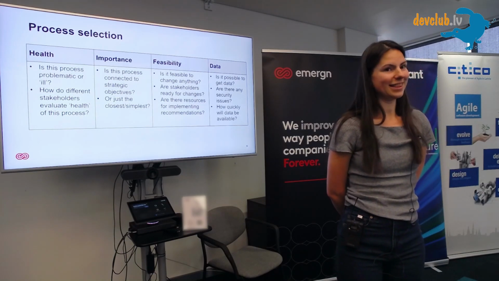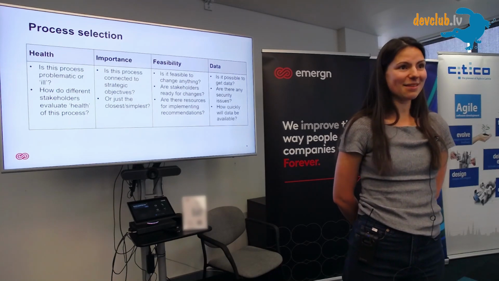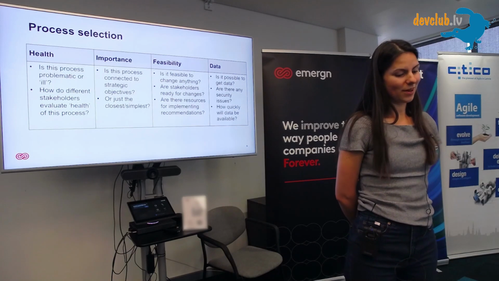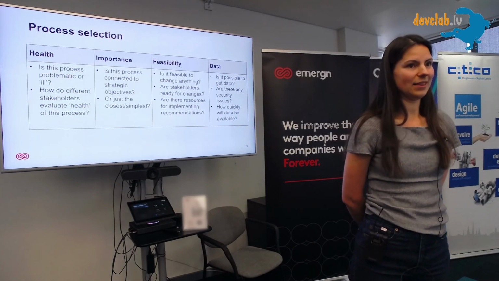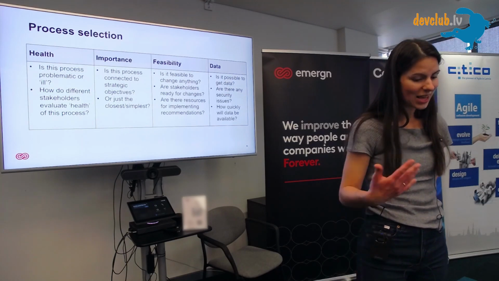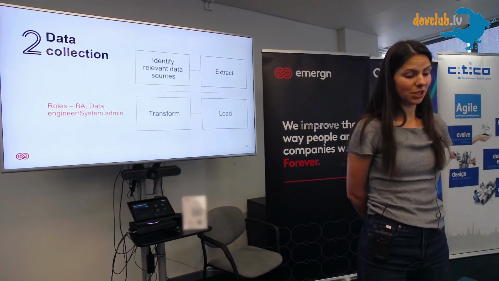The last but not least, in process mining especially, is the data perspective. We need to understand whether it's possible to get data, which data is possible to get, how quickly we can get it, and whether there are some security issues.